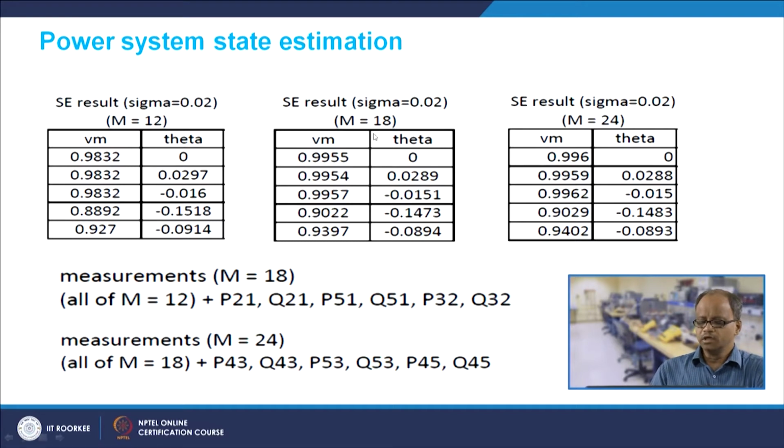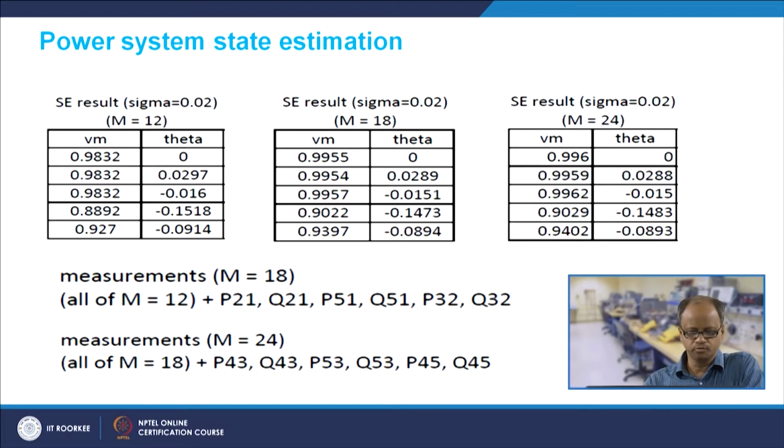Now suppose we increase the number of measurements, still taking sigma equal to 0.02. Then we get a little better result. And why do we get this better result? Because with more meters, if they do not have bad data in them, more measurements will actually improve the estimated states.